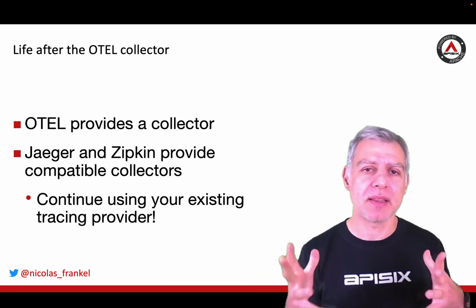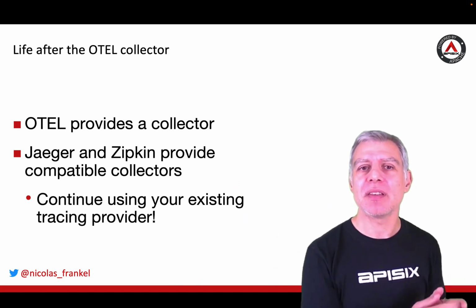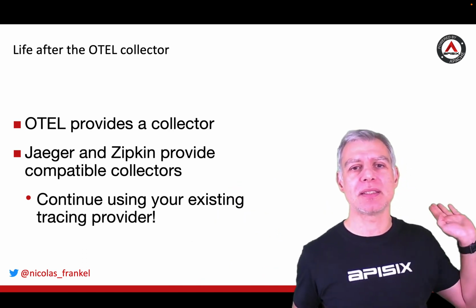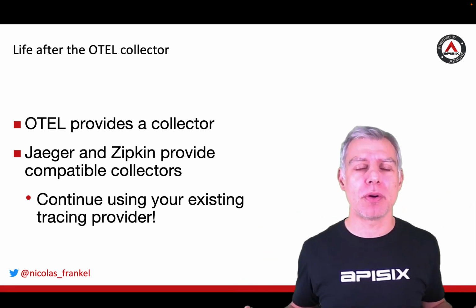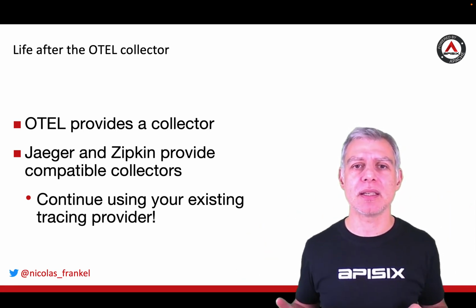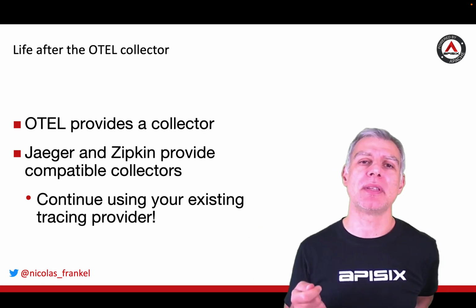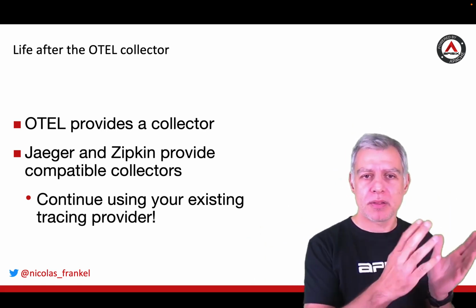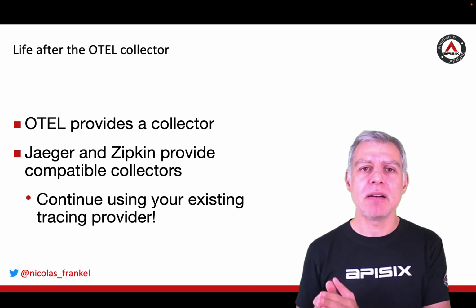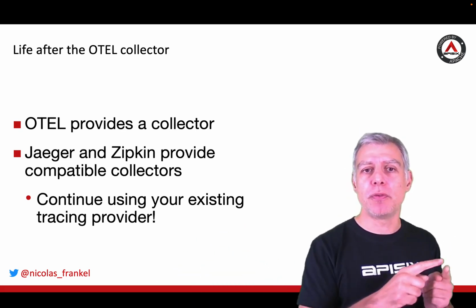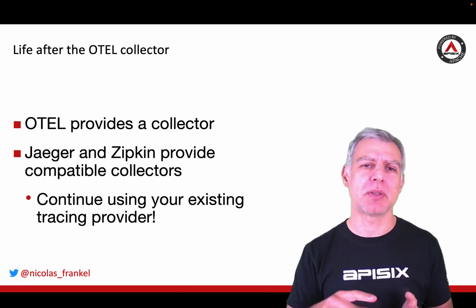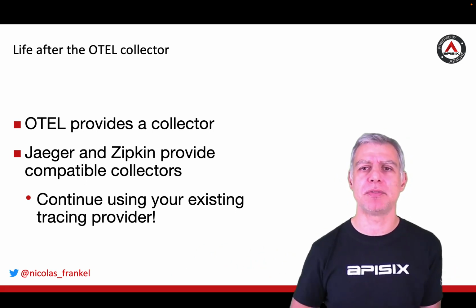Basically, what they did, they kept the storage engine, and they added a new interface where you can send your data in OpenTelemetry format. If you already have your tracing architecture, you can easily move to OpenTelemetry because the collectors of Zipkin and Jaeger have this additional interface. You just need to change the formats and the ports, because I think every one of them has different ports.